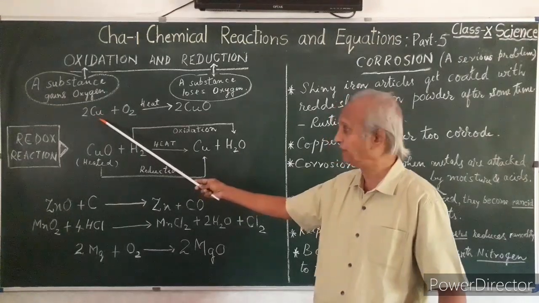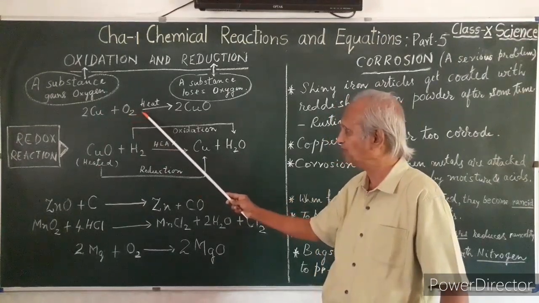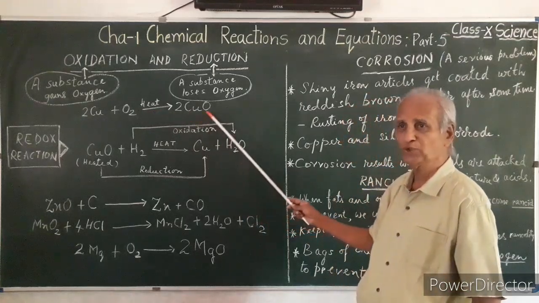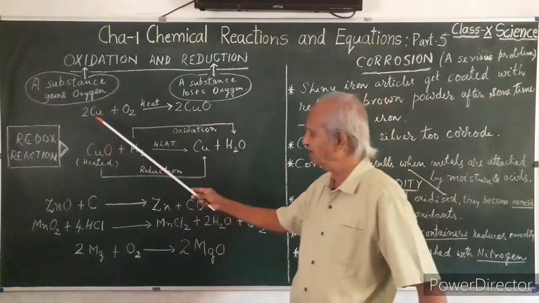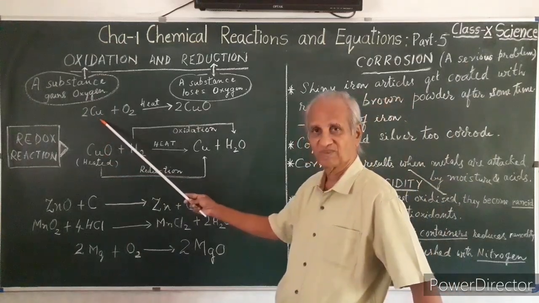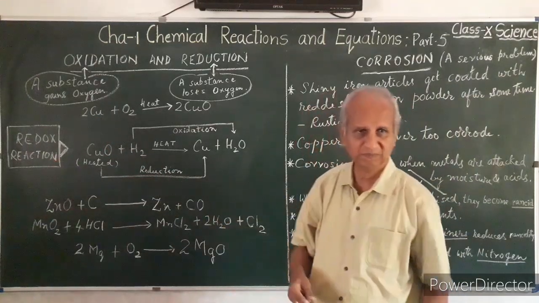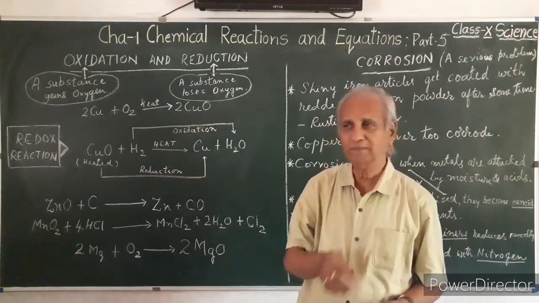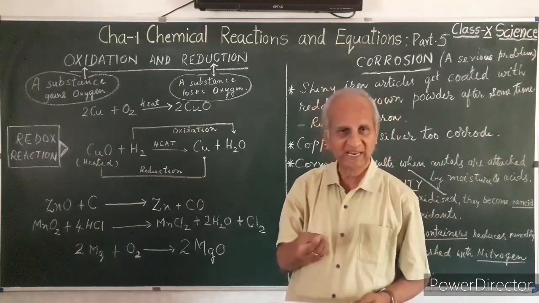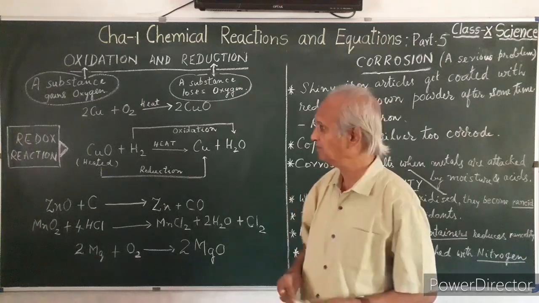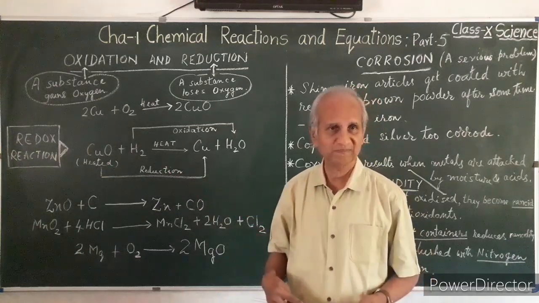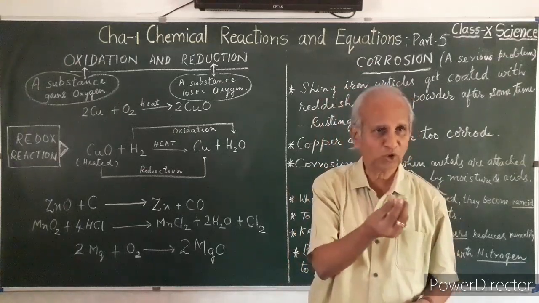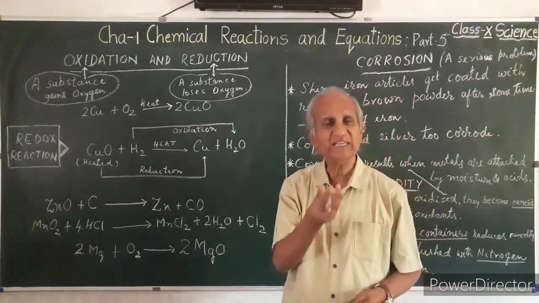See, here we have a reaction. 2Cu, copper, plus O2. Heat the mixture. It becomes 2CuO. Take about 1 gram of copper powder in a crucible and heat it with a flame.